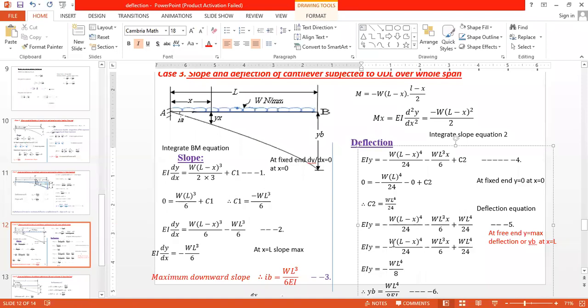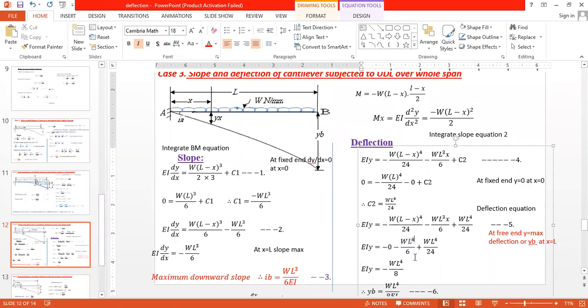Here the first term becomes 0 because (L minus x), or L minus L, is equal to 0, as we are calculating the deflection at L. Now in the next term you have to replace x by L, so you will get WL raised to 4 divided by 6.